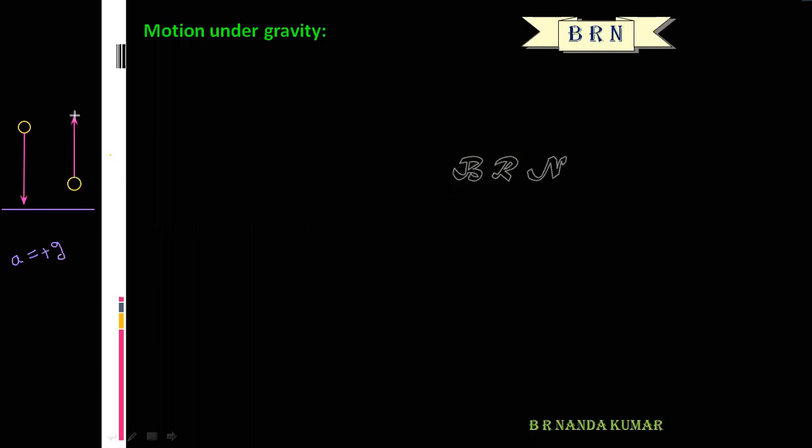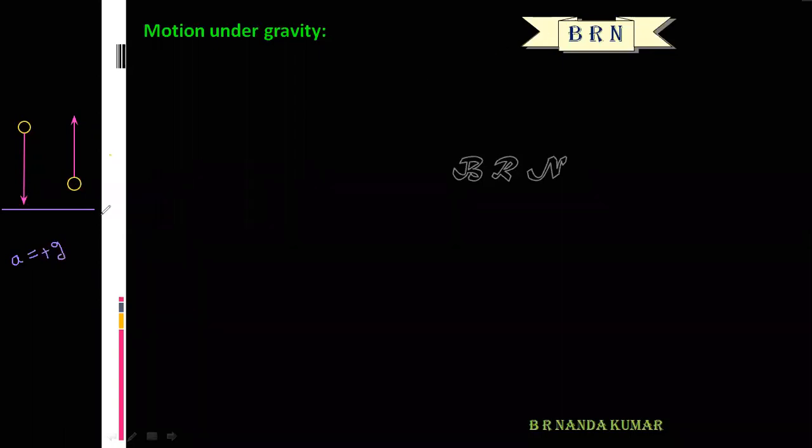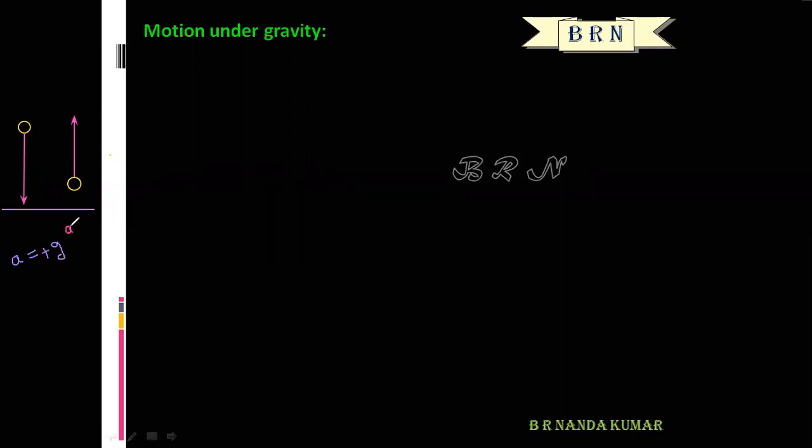At a certain height, its velocity completely becomes zero. So when a body is thrown vertically upwards under gravity, acceleration is constant, but velocity gradually decreases. So here we get a = minus g.